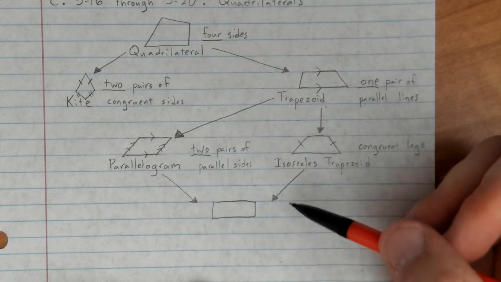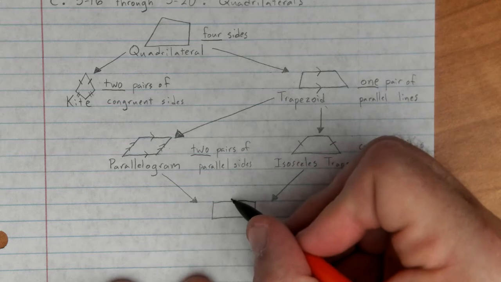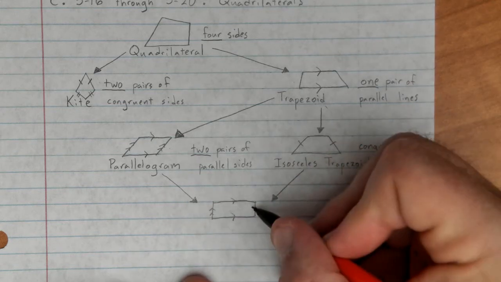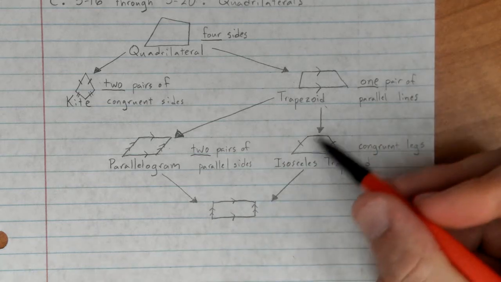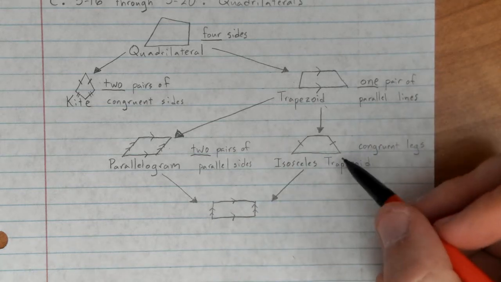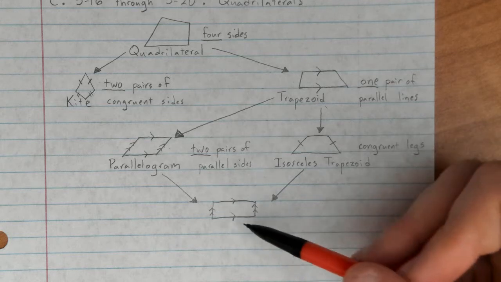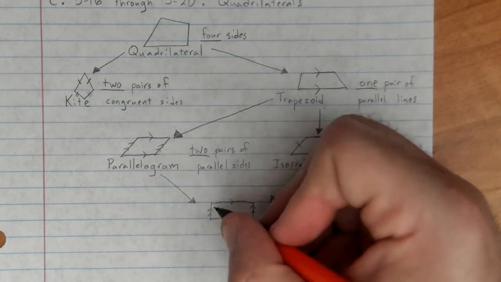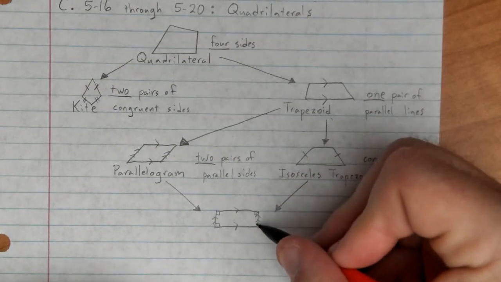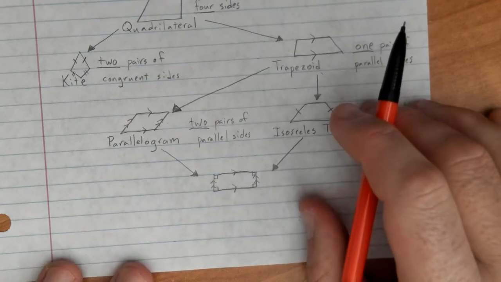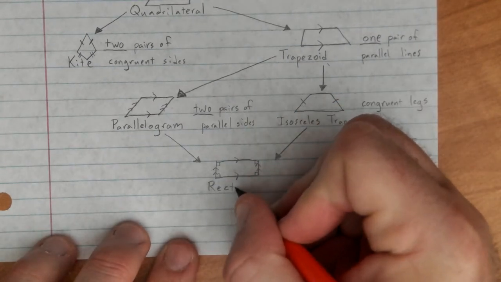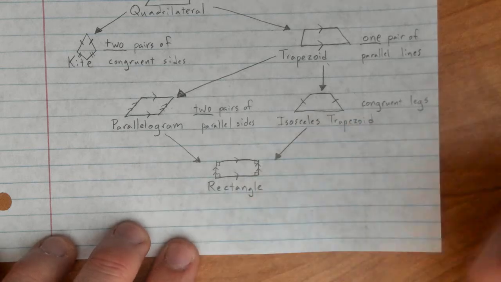They're congruent in length. How interesting. So now we've combined the identical sides, congruent legs, with the multiple parallels, two pairs of parallels, and in doing so, we have ended up with four right angles. So now we have created our friend, the rectangle.